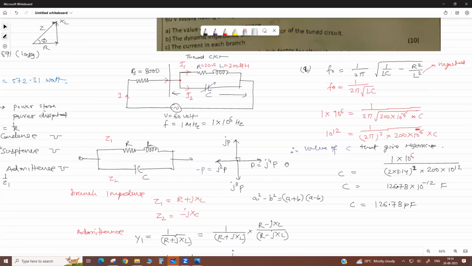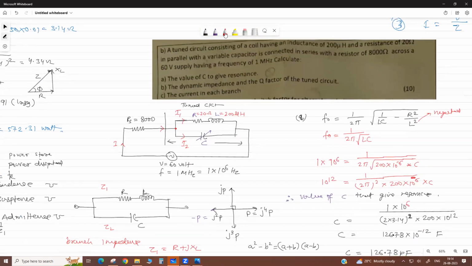You know what is the effective resistance or impedance of a tuned circuit under resonance? From here to here, this portion impedance is the dynamic impedance, ZT. Plus this resistance will give the total resistance or impedance of the circuit under resonance condition, when this tuned circuit is under resonance.